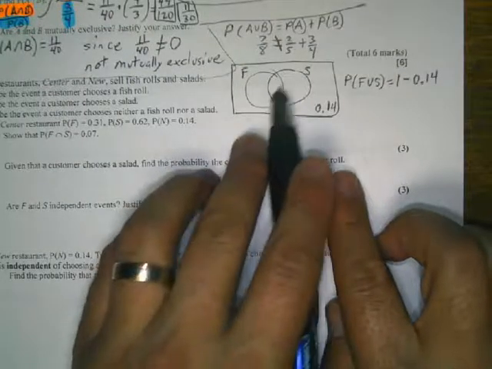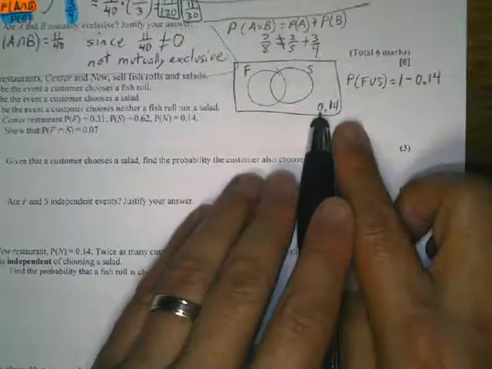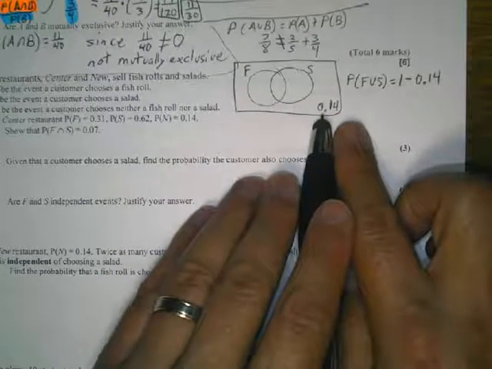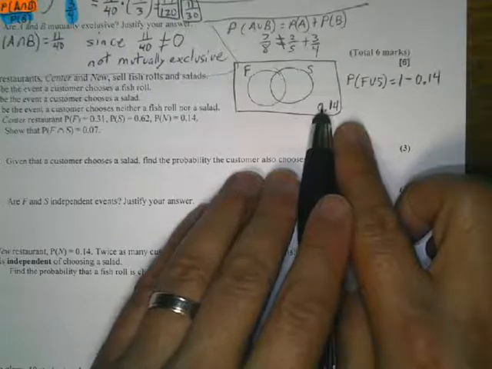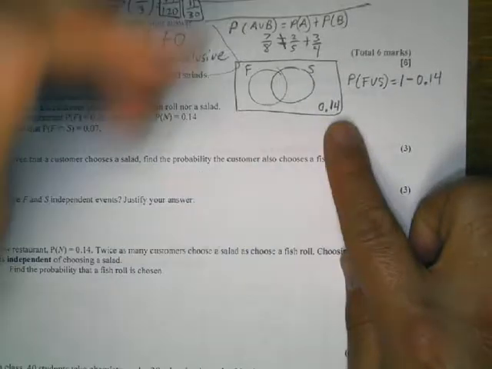The whole square is equal to 1. So 1 minus 0.14, which is not having the fish roll or the salad, is going to give us what is the union. So we know that our union equals 0.86.